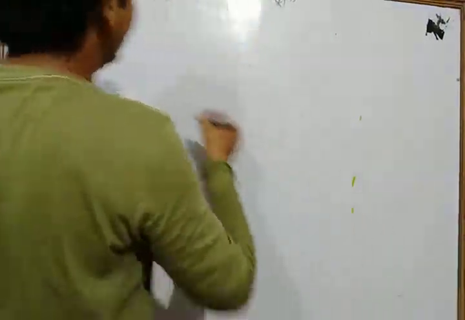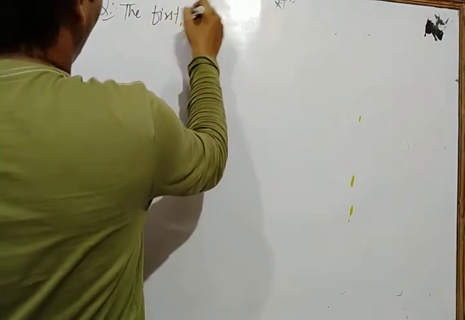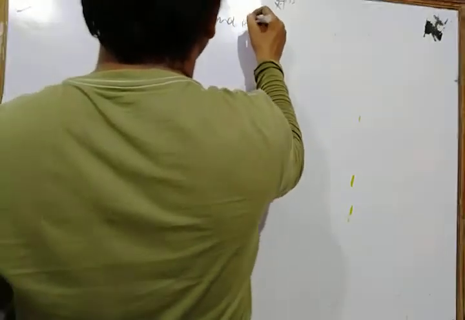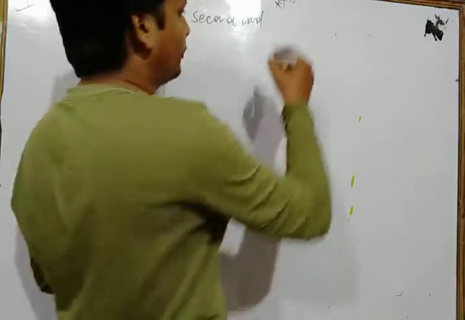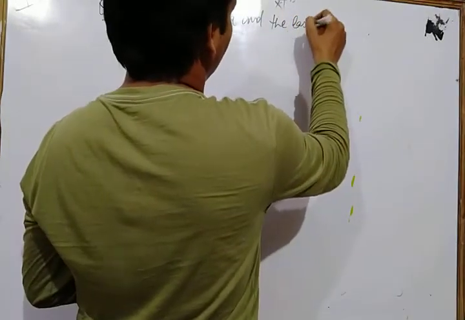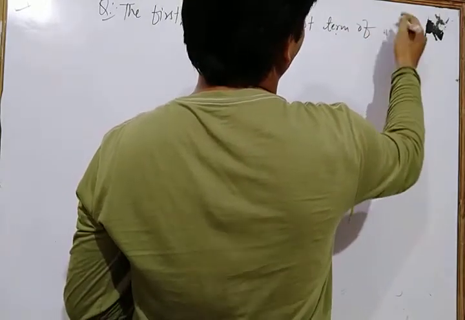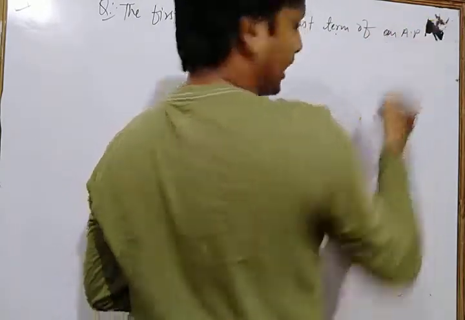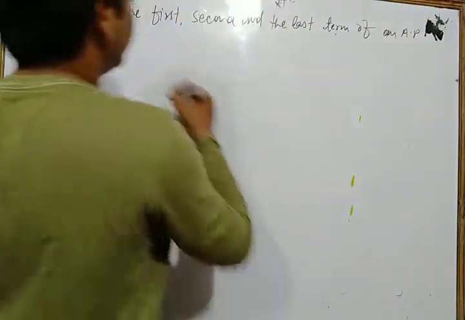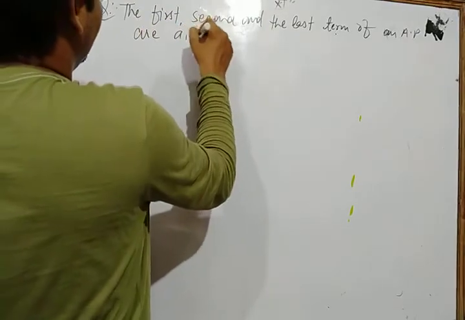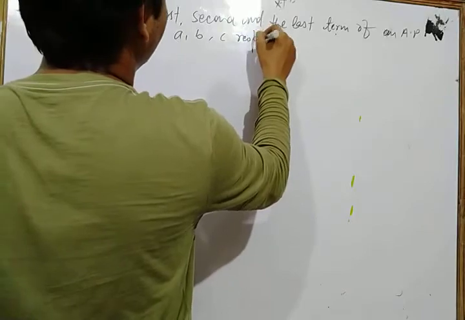The first, second and last term of an AP are A, B, C respectively.